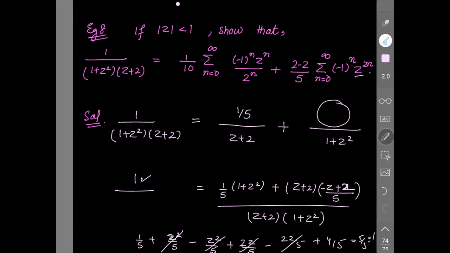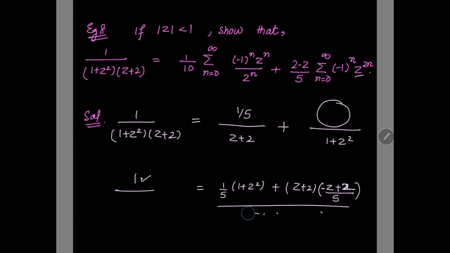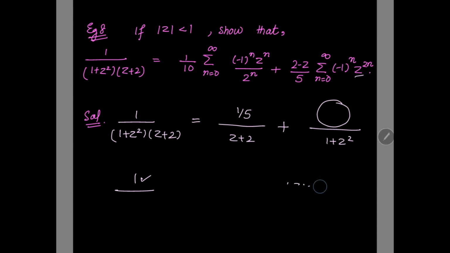So you should have to think like this. So this term should be 2 minus z over 5, right?